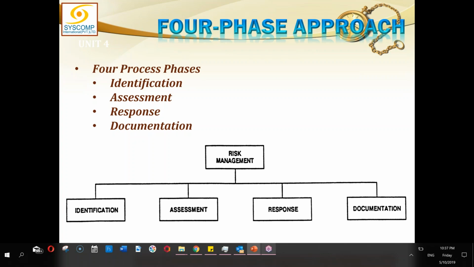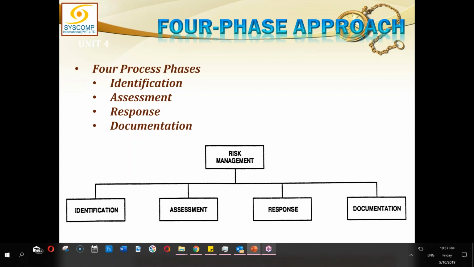So don't be confused by these phases, but this is one way of looking at risk management in general, not for the project. Generally, whenever you want to do risk management, there is one phase in which you do the identification, then the assessment, then the responses, and the documentation.